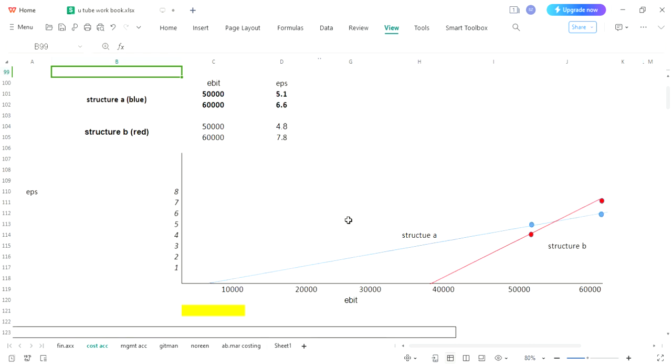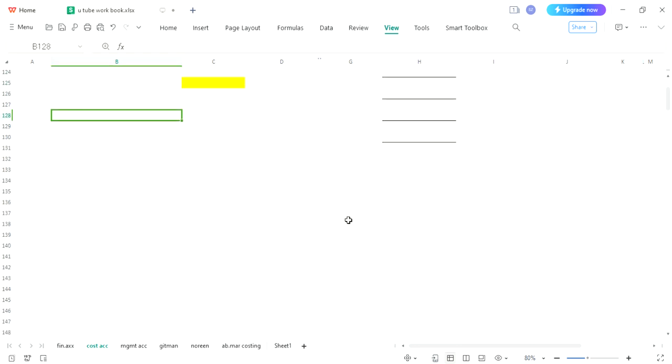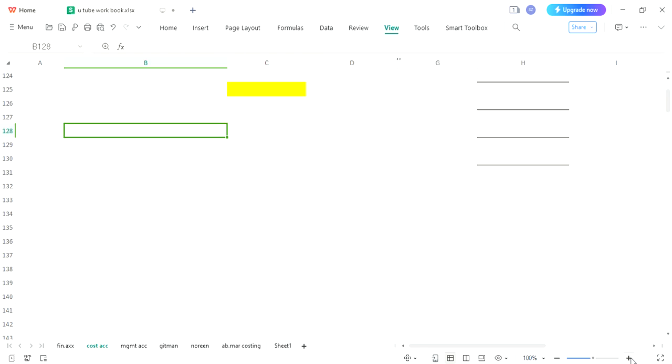Why not we should write it so that you can remember it. Let's make it visible again. So guys, structure A has less break even, and that is 14,000.